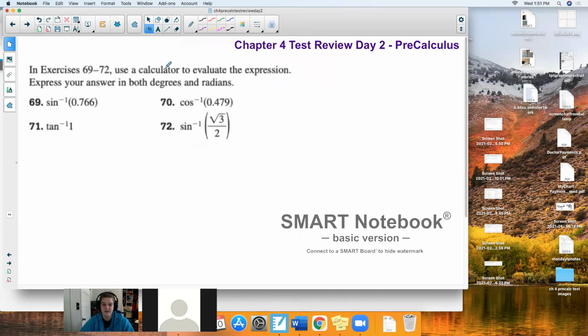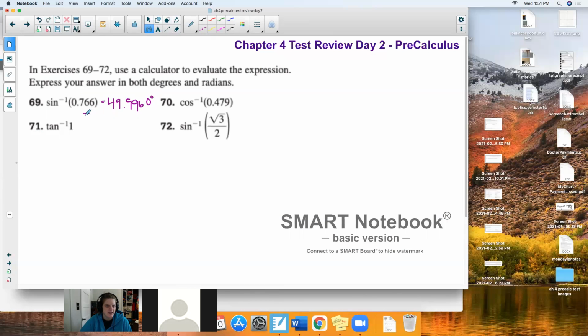We're going to use a calculator. Okay, so literally just type this in. That's not so bad. So sine inverse of 0.766. And of course, the button is second of sine. Oh, I wonder if I should round that. In degrees and radians? Use a calculator. Okay, fine. So it's 49.9960, and I am in degree mode, so that's degrees.